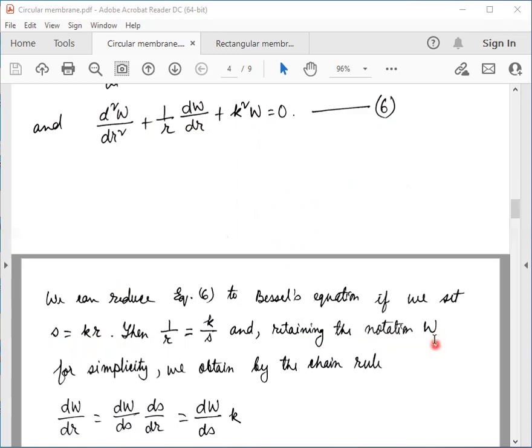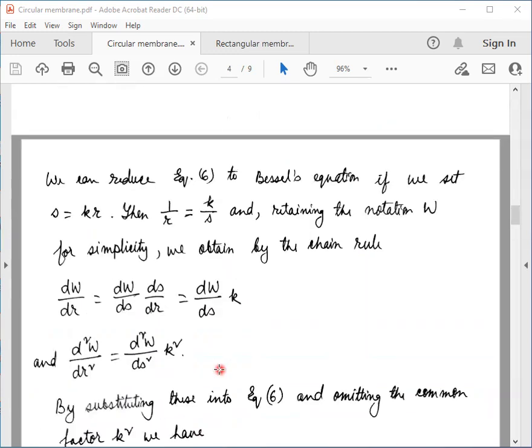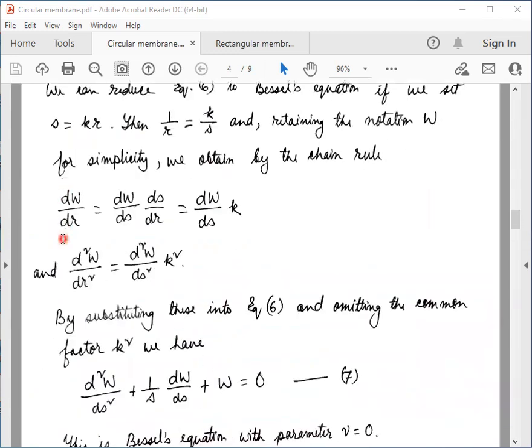Then we obtain by using the chain rule dw by dr equal to dw by ds times ds by dr. And what is ds by dr? As you can see from here, it is k. Similarly, the second order derivative of w with respect to r we can obtain as d2w by ds square times k square.